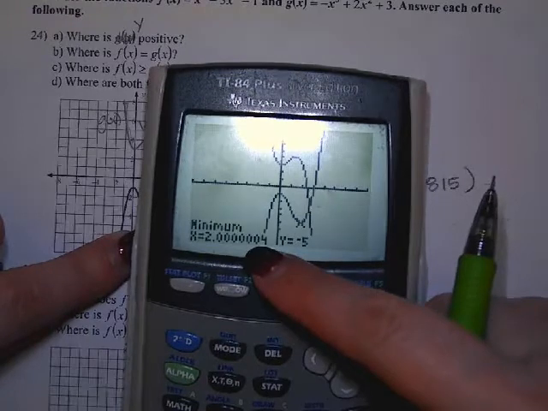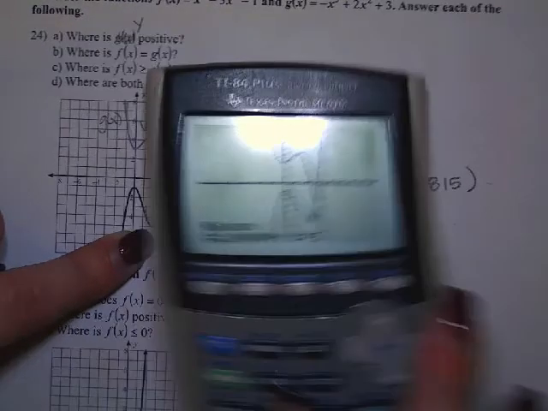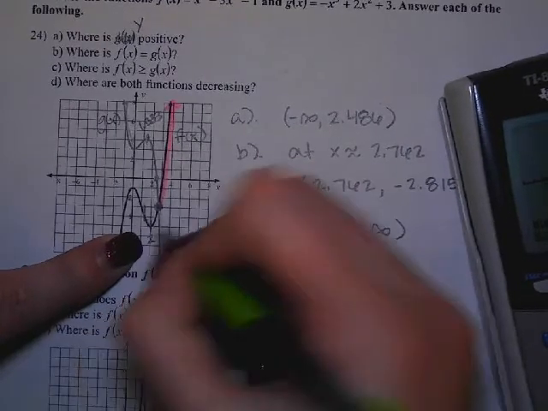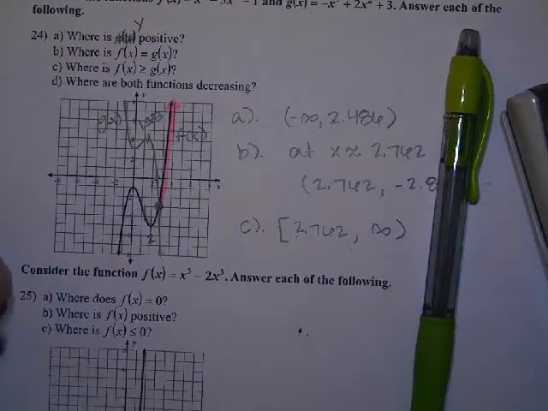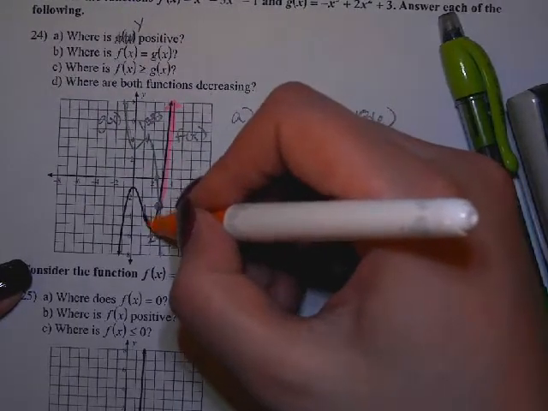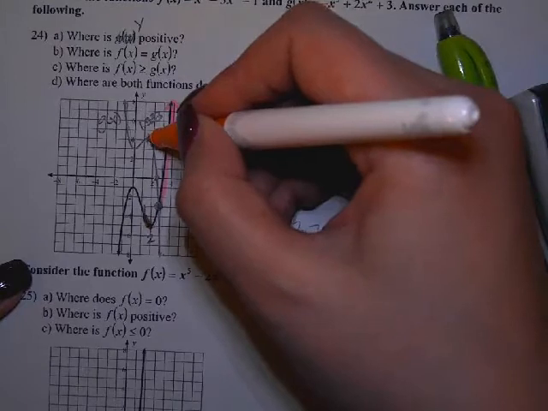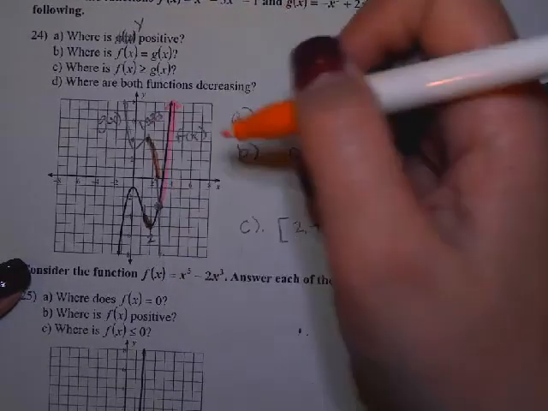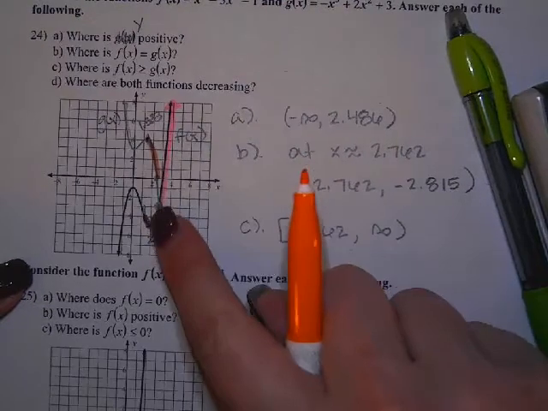And that was at an x value of exactly 2. So that worked out nicely. Okay. So that means that the graphs are decreasing at the same time. For this, it looks like slanted down, slanted down.